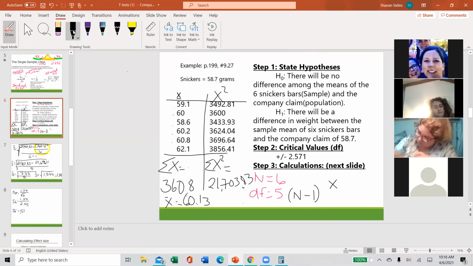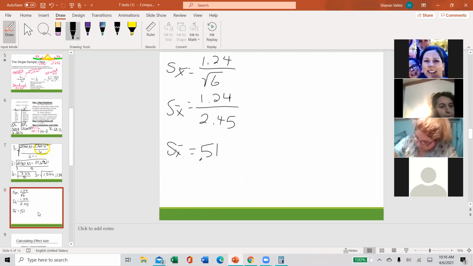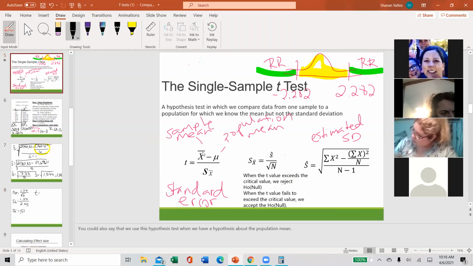Okay, our sample mean was 60.13. So now we have everything we need to find our T. Looking back at this, T is equal to our sample mean minus the population mean divided by the standard error.